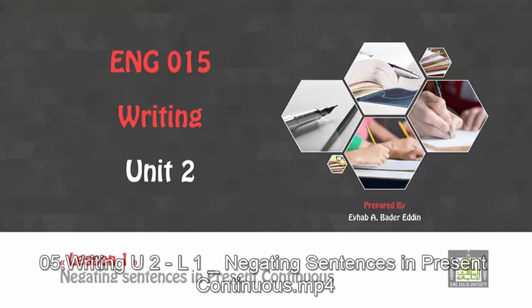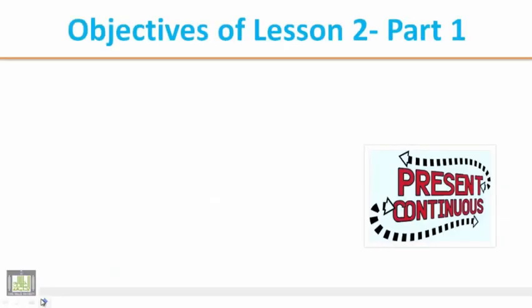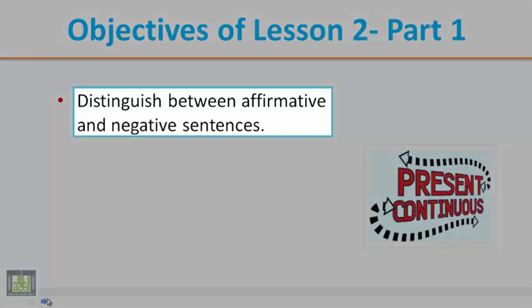Hello everyone. Today we're going to start unit 2, lesson 2, which talks about how to make sentences negative in present continuous, or what they call sometimes progressive. Let's start to have a look at the objectives first. The first objective is to distinguish between affirmative and negative sentences.